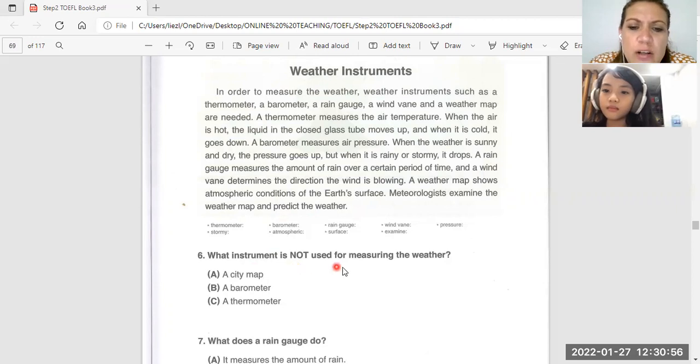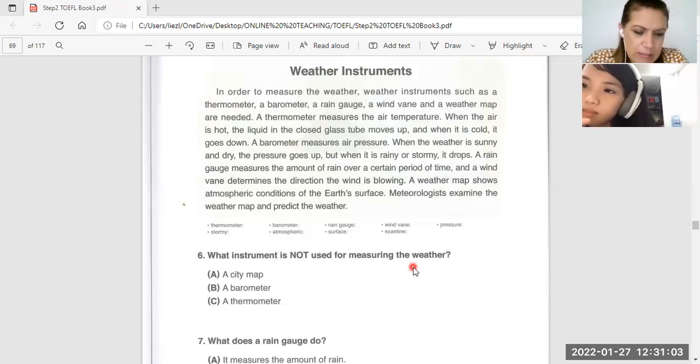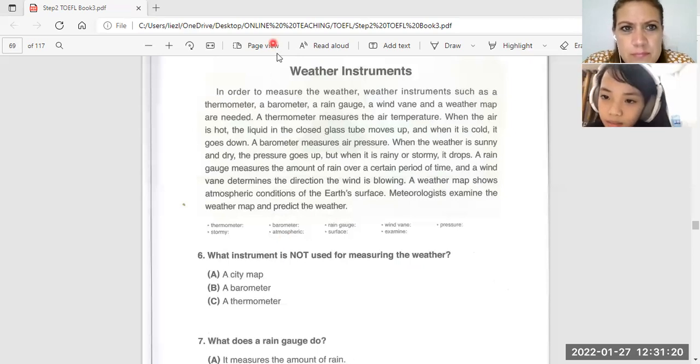What instrument is not used for measuring the weather? What do we not use to measure the weather? I think the thermometer. A thermometer measures the air temperature. A barometer measures the air pressure.